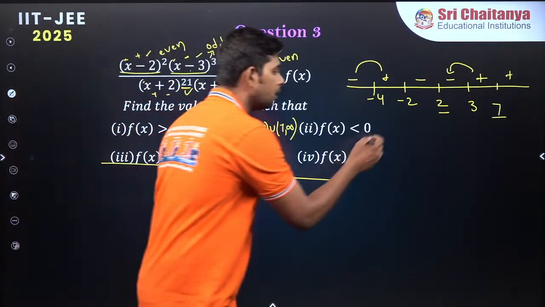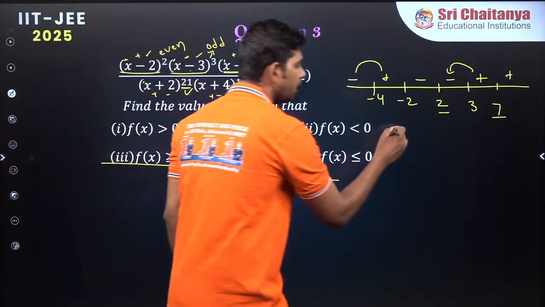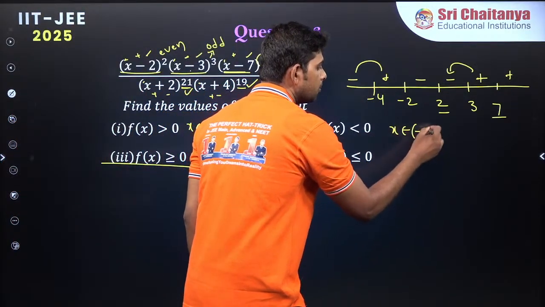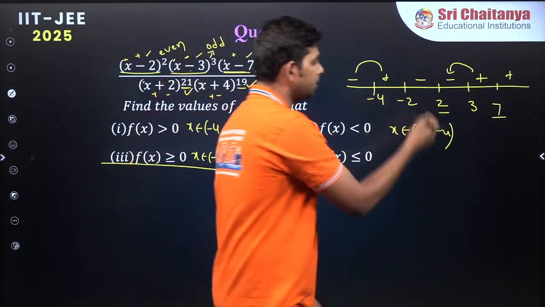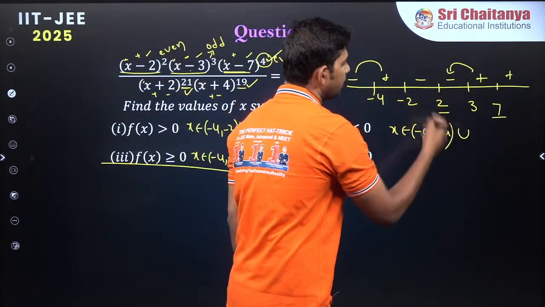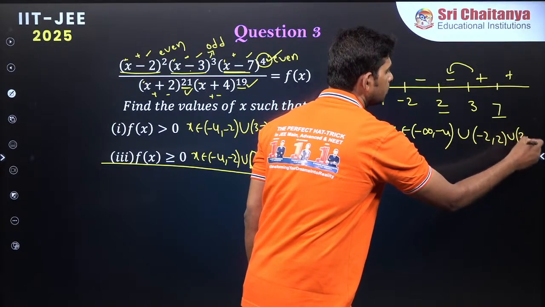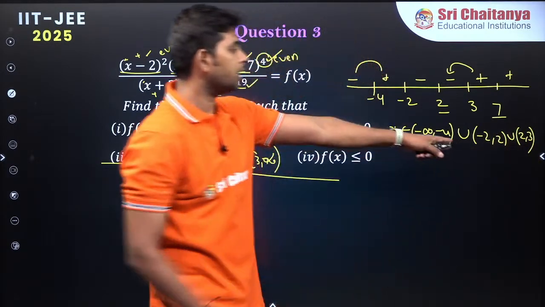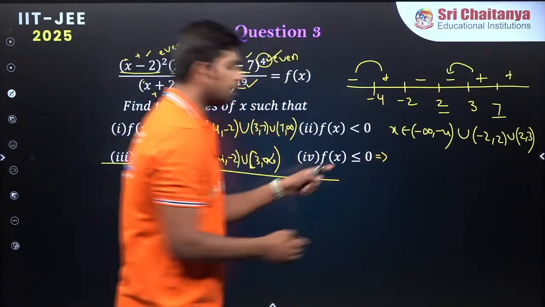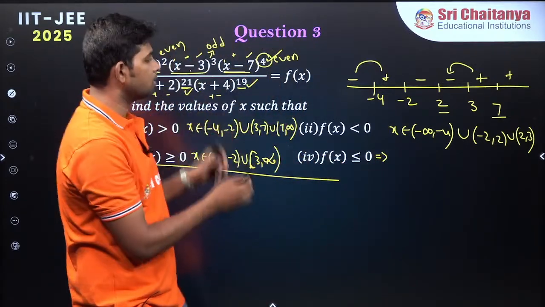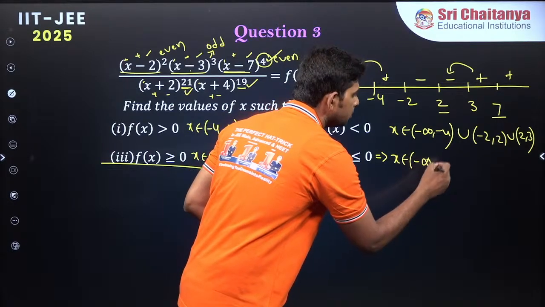Now the same way, f of x is less than 0 whenever it is negative. So when it is negative, x belongs to minus infinity to minus 4. That is our first interval. After that, union we have from minus 2 to 2, union 2 to 3. We are not including 2 and 3 because it is only less than 0. What if I am taking less than or equal to? When it is equal to 0, I am going to take all the points where it is equal to 0.